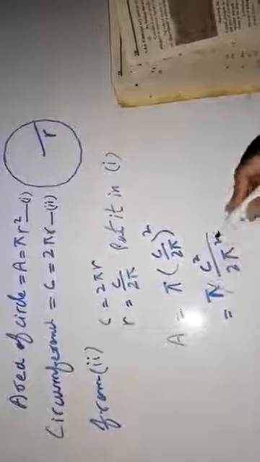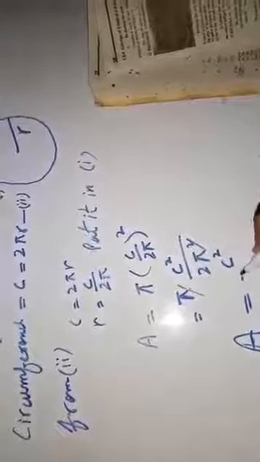One pi cancels out one pi, and the area A is C square over 4 pi.